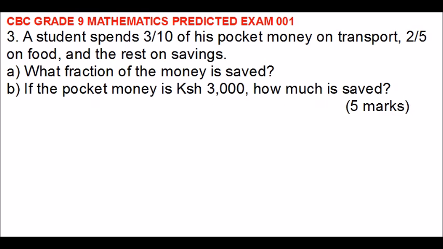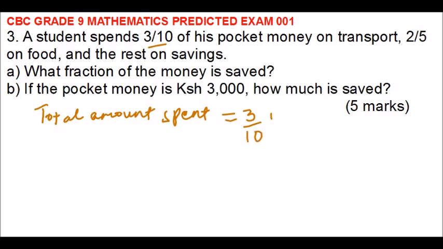So to be able to do this, we can calculate the total amount of money spent. The total amount spent is equal to, the student spent 3/10 of pocket money on transport, so that is 3/10, and spent 2/5 on food, 2/5.